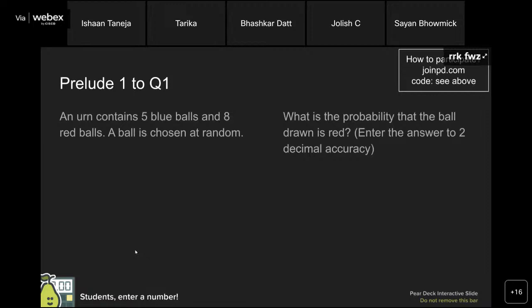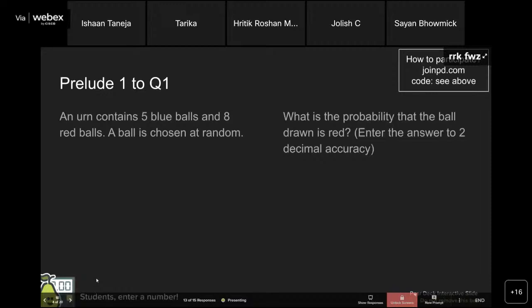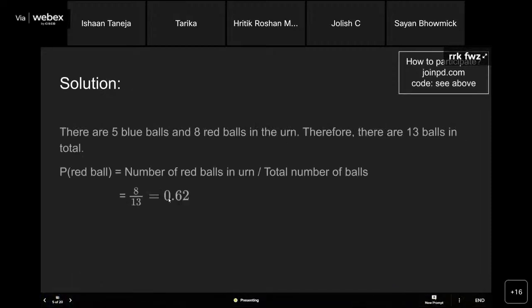Another way, going by the basic probability we studied in class 10th to 12th: the total ways are 13, and the number of favorable outcomes is only 8, right? That 8C1 is just 8. So it's simple, right? It's 8 over 13, which you can easily compute.